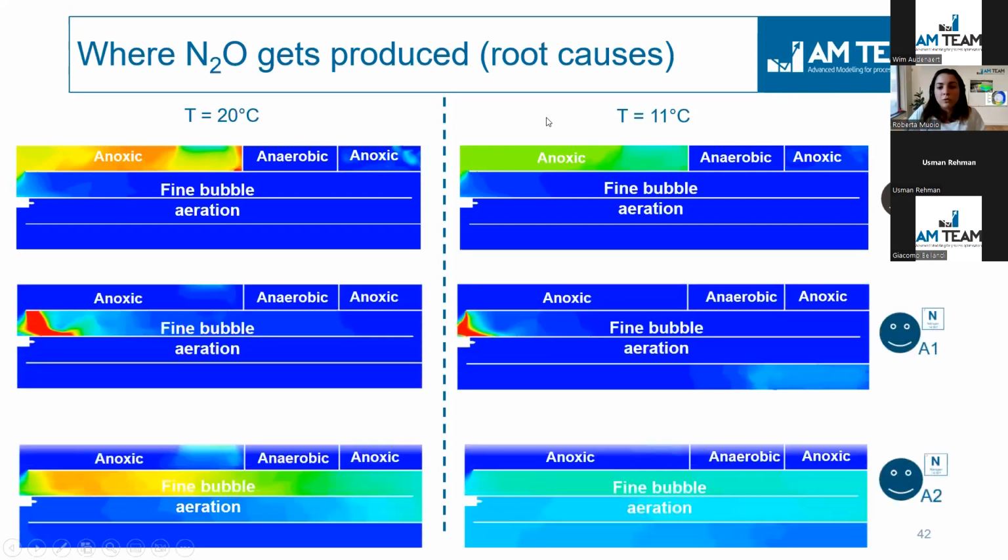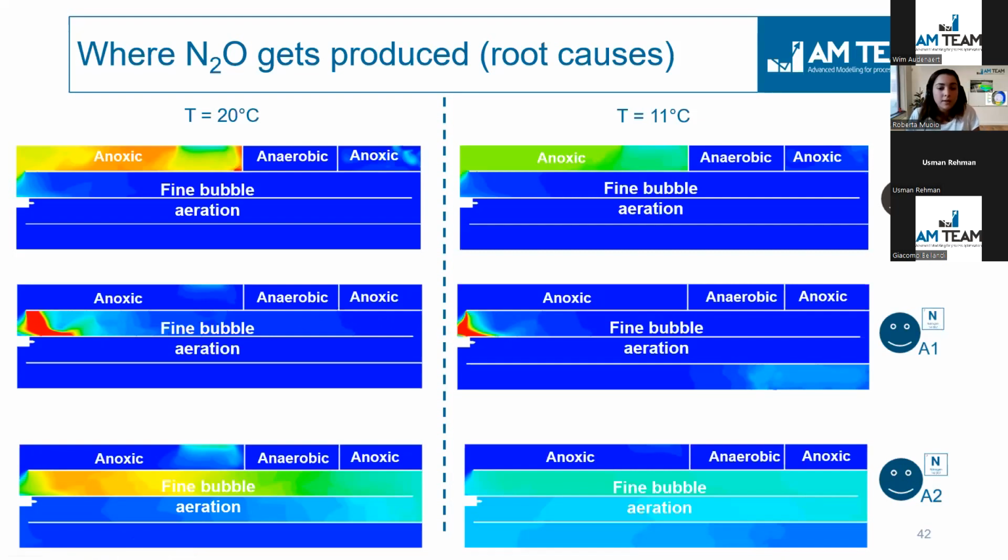And then if we go to the autotroph pathways, we can see, starting from the temperature at 11 degrees, that the A1 process, the production, is kind of squeezed in between the anoxic and aerated zone. So the transition zone between anoxic and aerobic gets reduced.